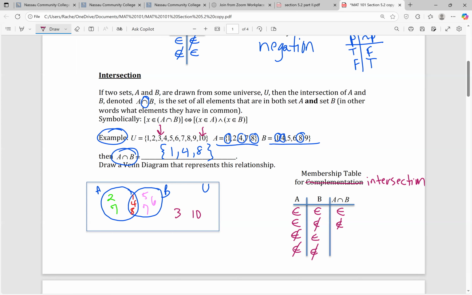Or if something's not an element of set A, but is an element of set B, it's still not going to be in the intersection, right? Because it's only in one, not both. It has to be both. And then if you have neither, it's not going to be an element of the intersection. And this is similar to the truth table for conjunction.